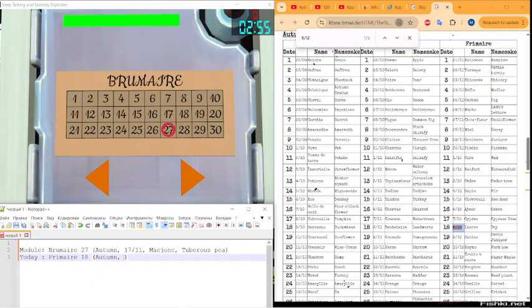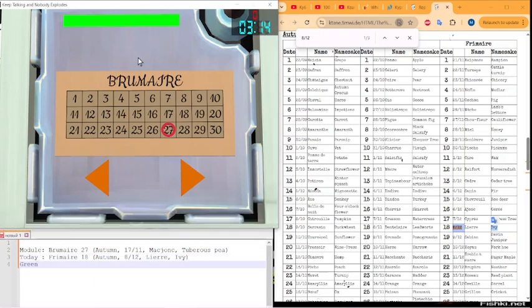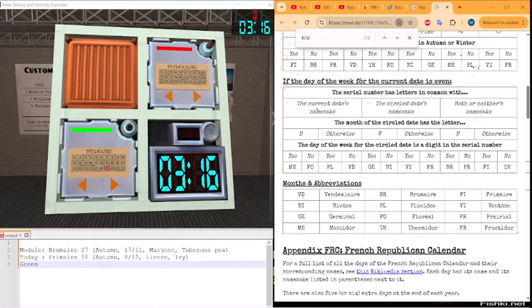Autumn 8th, 12th. Lira, Ivy. Okay. And the LED color on the module. Okay, that's it. That's all we need.